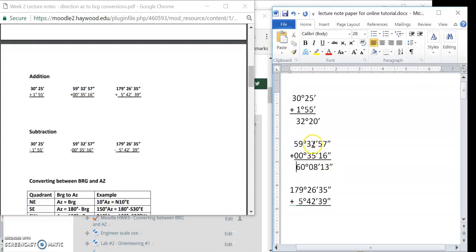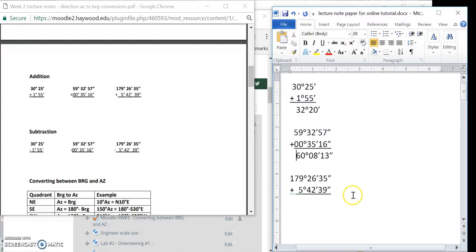That makes that 1 plus 2 plus 5, that's 8. 3 plus 3 is 6. That would end up being 68 down here. I can only go up to 60, so I carry 1 over, and I have a remainder of 8 minutes. So 1 plus 9 plus 0 is 10. So that ends up being 60 degrees, 8 minutes, and 13 seconds.